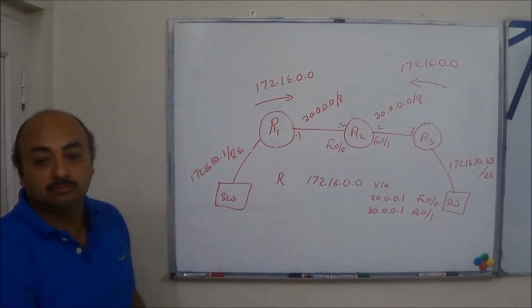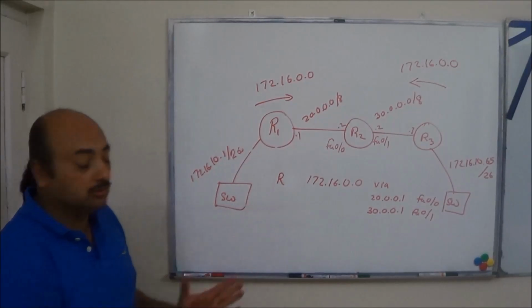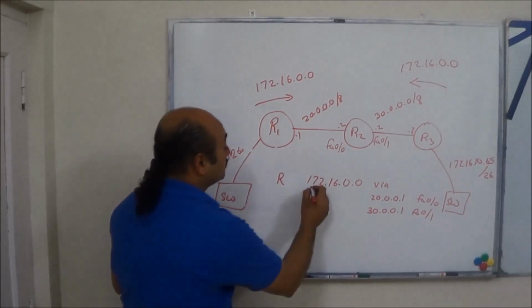That is what it will interpret it as. This will interpret it as the equal path for the destination.